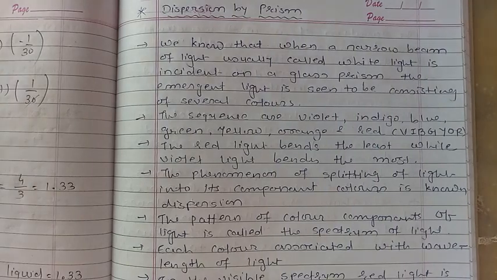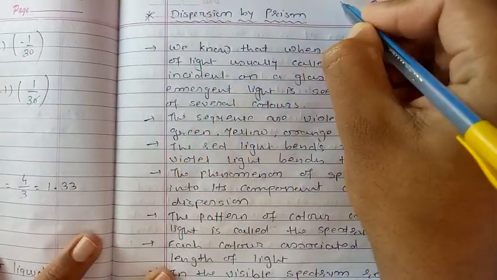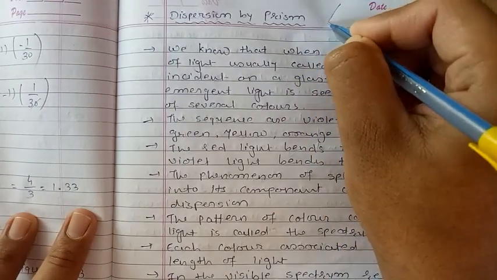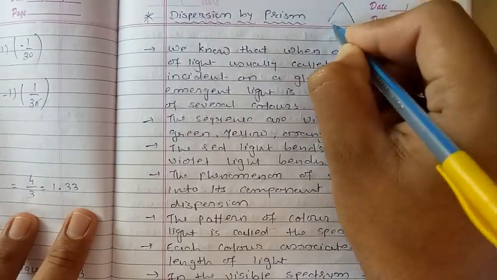This phenomenon of splitting the light into its component colors is known as dispersion, and this pattern of color is known as the spectrum of light. We already know that. This is a prism.